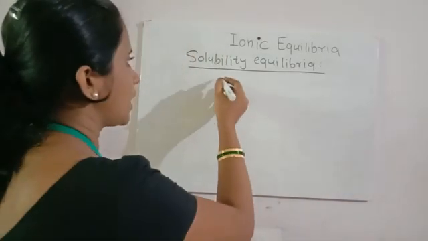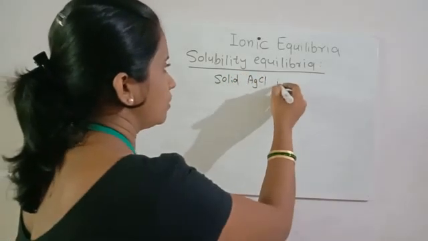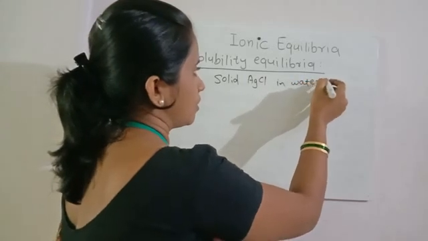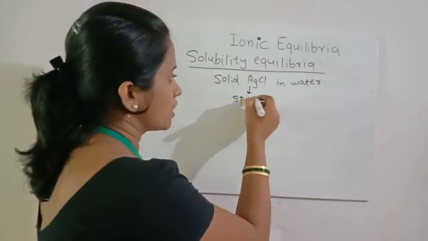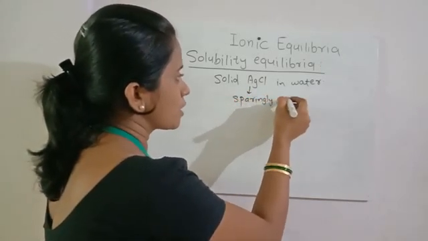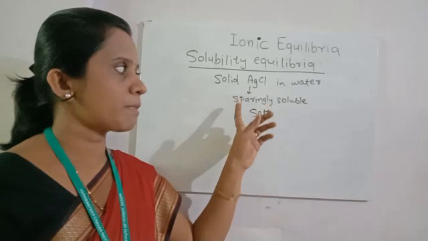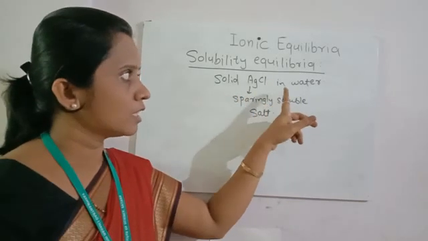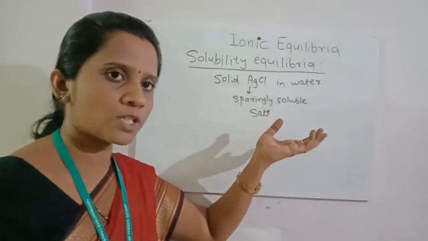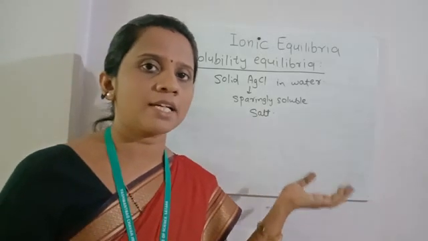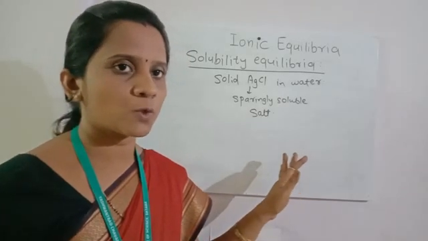Consider solid silver chloride in water, and it is an example of what? AgCl is an example of a sparingly soluble salt. Now when this sparingly soluble salt, powdered AgCl, is dissolved in water, few molecules of AgCl get dissociated and give Ag plus and Cl minus ions, and at the same time few molecules remain undissociated.